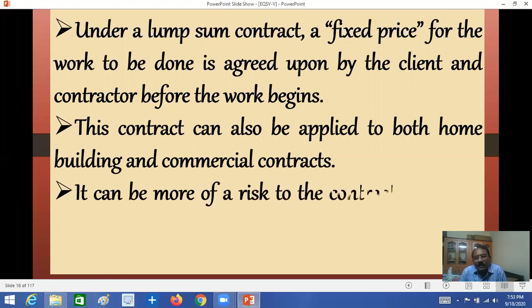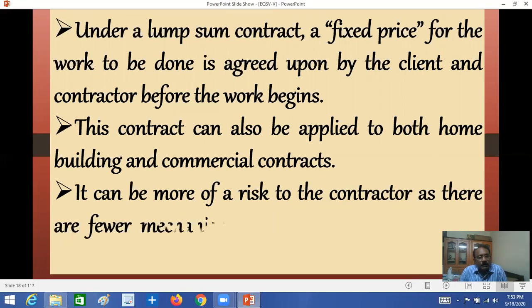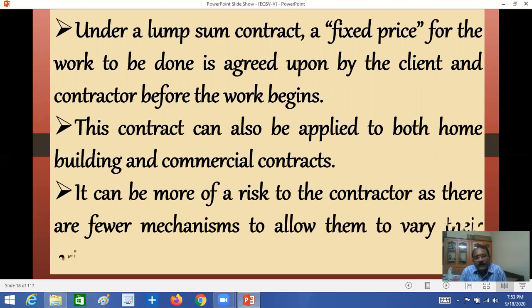Before the starting of works, they will make an agreement, and it is a bonded agreement. This contract can apply to both home building and commercial contracts. This type of contract is generally applied for both residential and commercial buildings. That is lump sum and schedule rate. Under a lump sum contract, the fixed price for the work to be done is agreed upon by the client and contractor before the work begins.